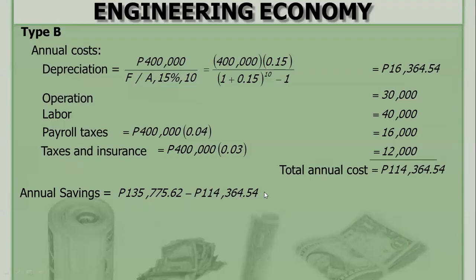So will there be savings? Instead of having this cost for type A, you only have this cost for type B. So, there are savings of 21,411.08.